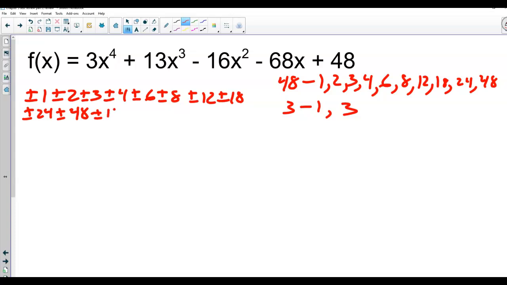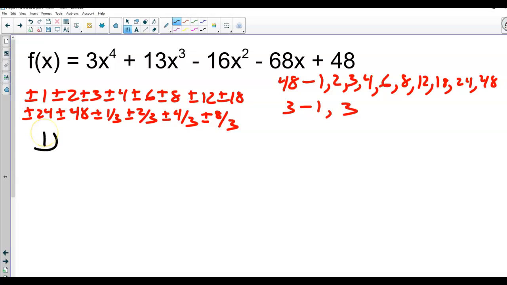Then 1/3, 2/3, 3/3 is 1, 4/3, 6/3 is 2, 8/3, 12/3 is 4, 18/3 is 6, 24/3 is 8, and 48/3 is 16. We don't need to write them double.